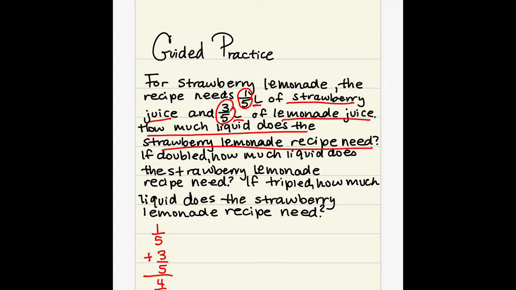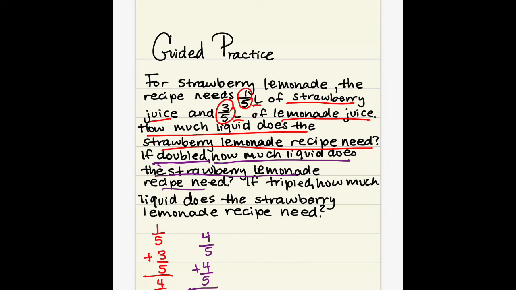The second part of this question is if doubled. So double, if I double something, that means I did it 2 times. How much liquid does the strawberry lemonade recipe need? So if this was just for the strawberry juice and the lemonade juice, I would just simply say 4/5 plus 4/5 if I wanted to double that, and that would give me 8/5.